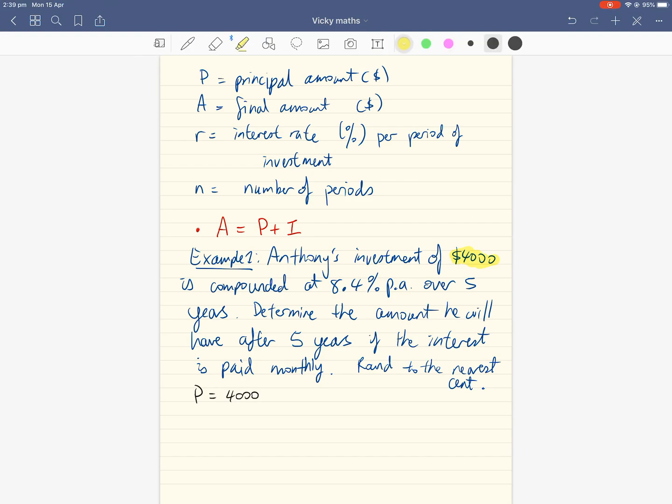We're told that it's compounded at 8.4% per annum over 5 years, so your R is 8.4 and your N is 5. Determine the amount he will have after 5 years if the interest is paid monthly. Now this is an interesting sentence.